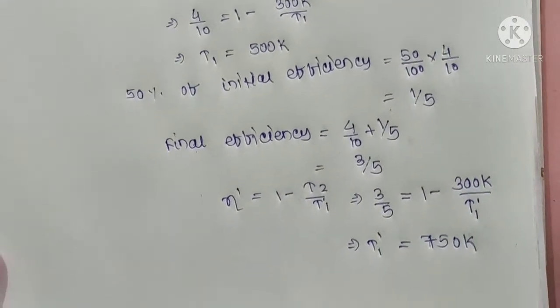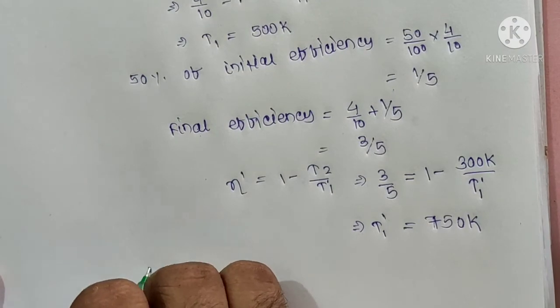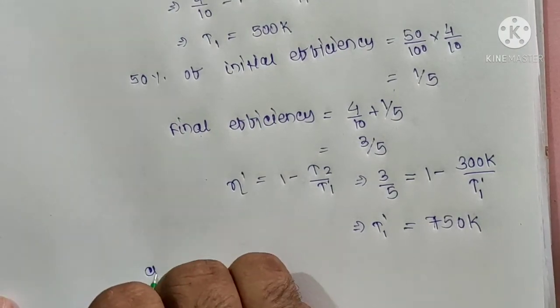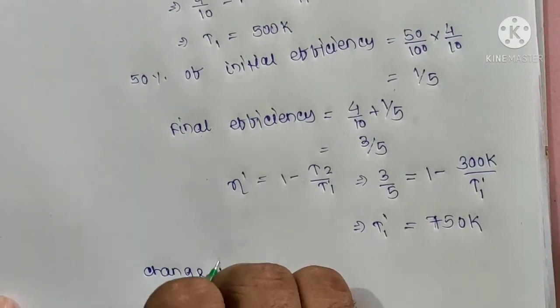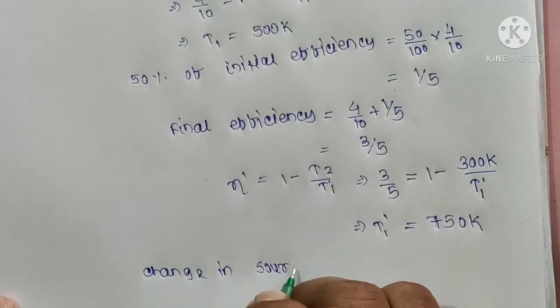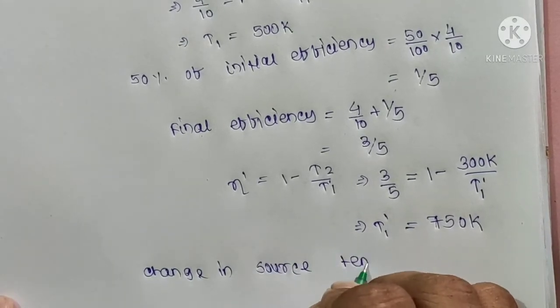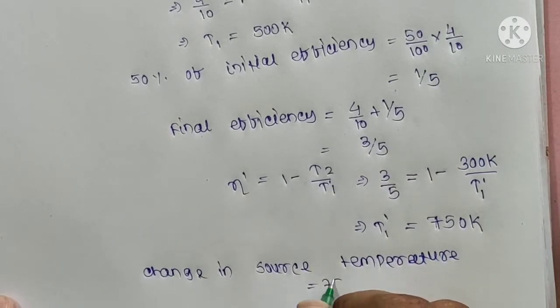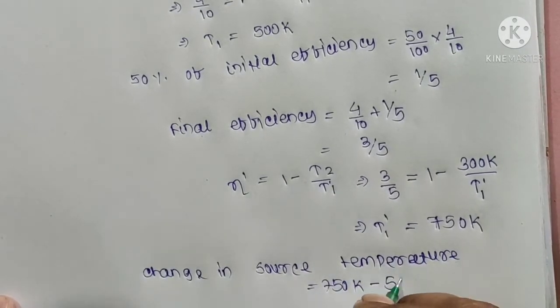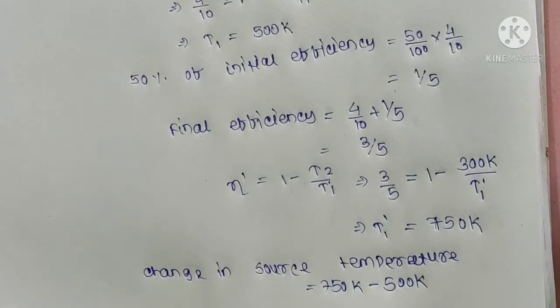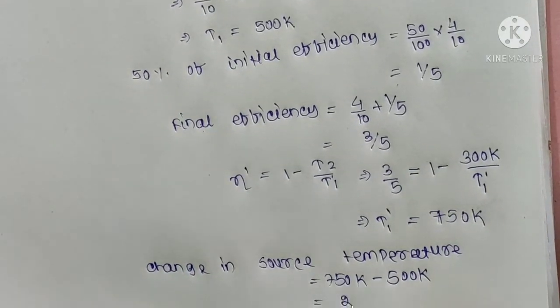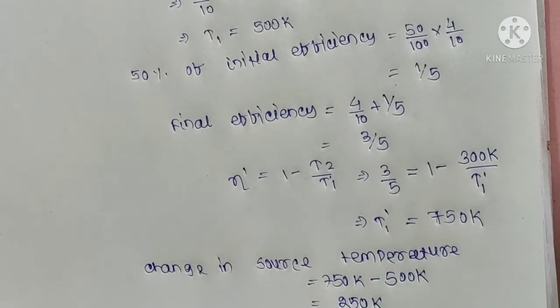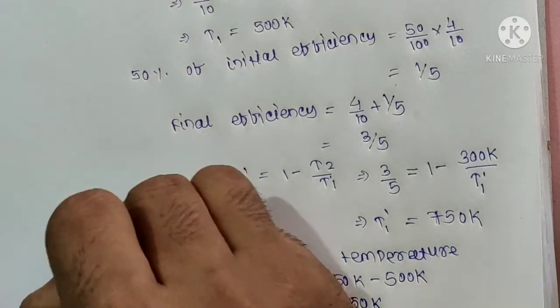So change in source temperature is 750 Kelvin minus 500 Kelvin, and that is equal to 250 Kelvin. So your correct option is option D.